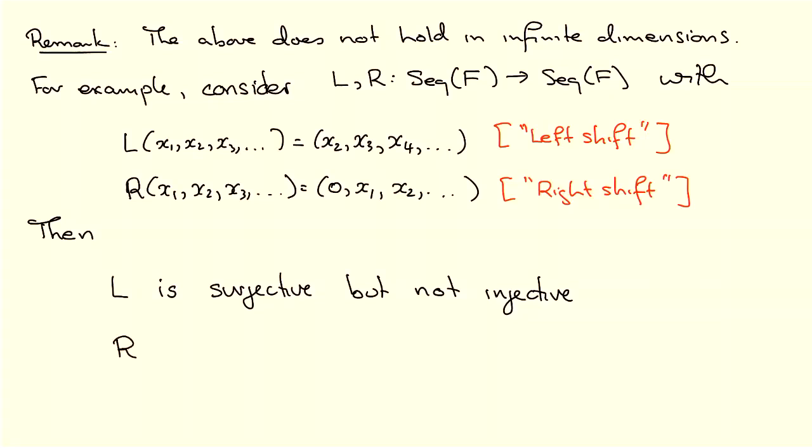On the other hand, R is injective. That's sort of obvious too. If you've got two things that match up, then all of their components will have to match up. But it's certainly not surjective, because you're forced to always have 0 in the first component in the image. So anyway, finite dimensions are important.